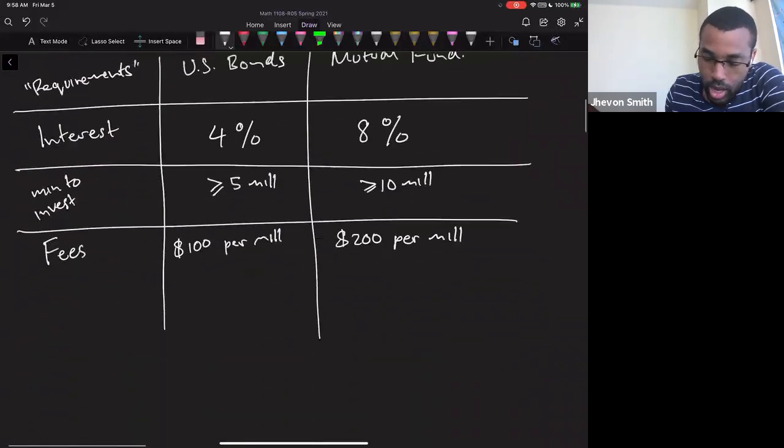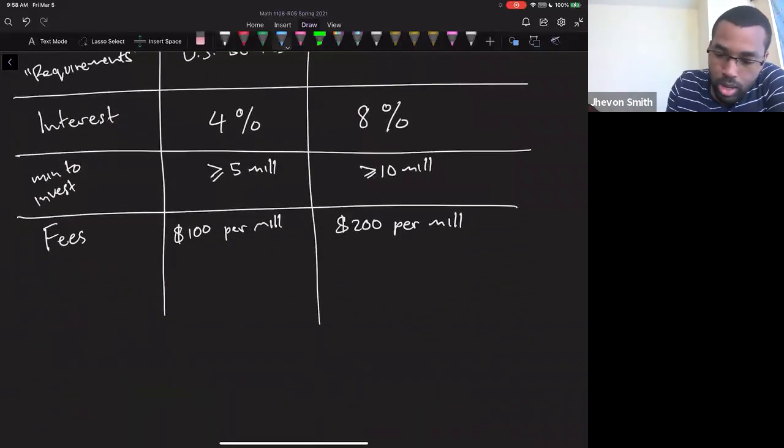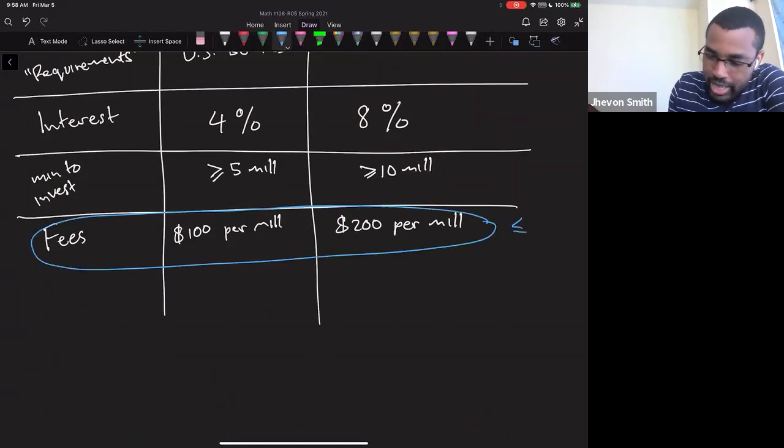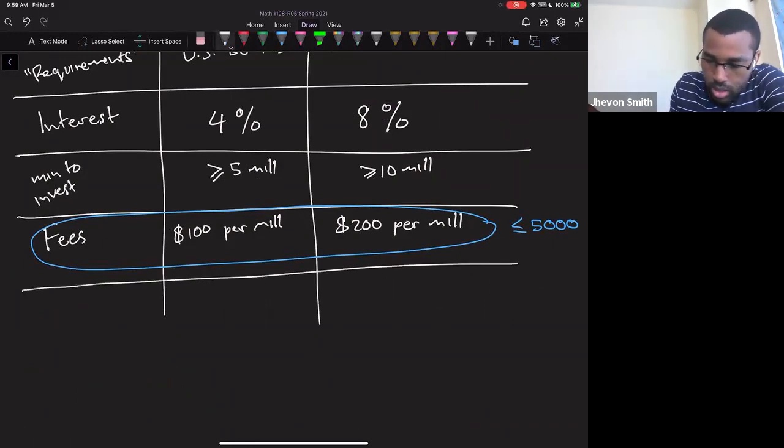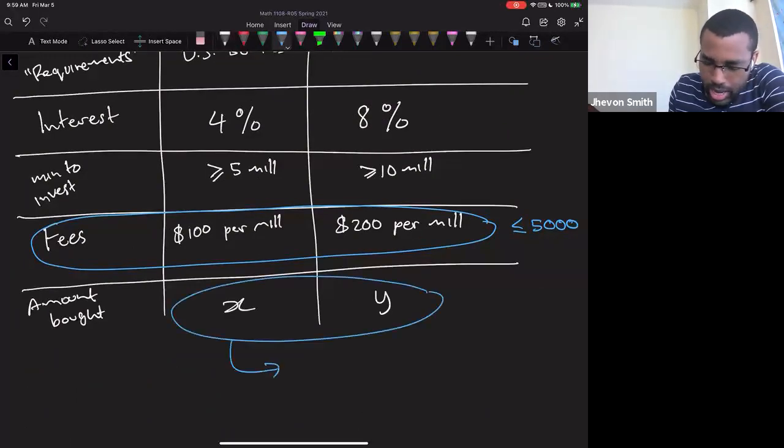What else? Combined, I want to spend less than or equal to $5,000. If the amount bought is X for this and Y for that, I would also know that the combined amount should be less than 30 mil.